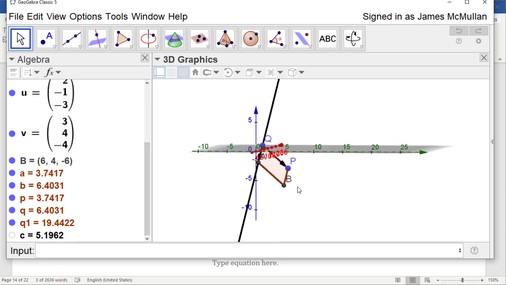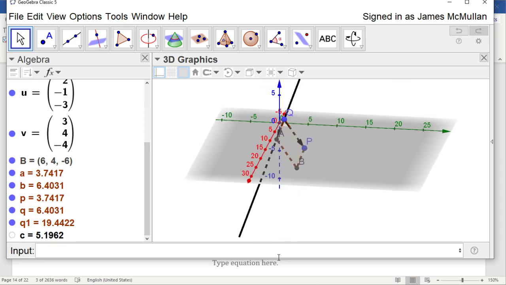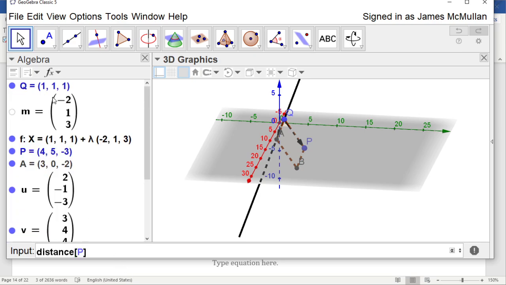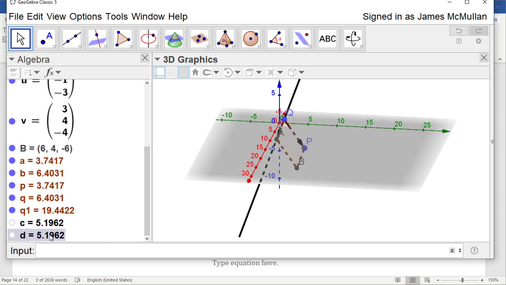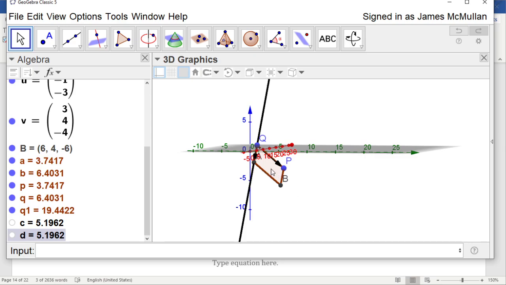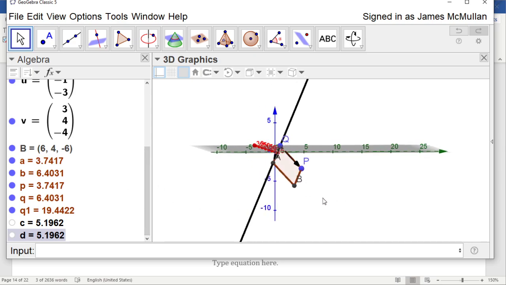Now, is there a way that we could check that? GeoGebra is excellent at checking this stuff. Look, distance, point, object. So I want to know the distance between the point P and the line F, and there it is, 5.1962.